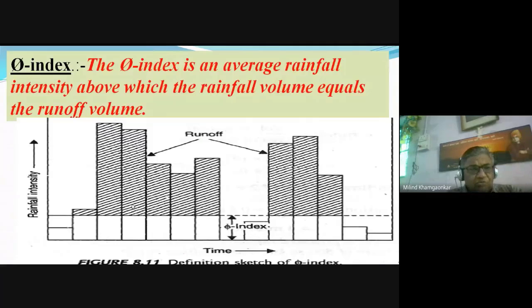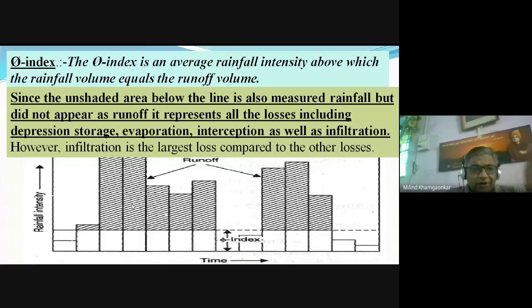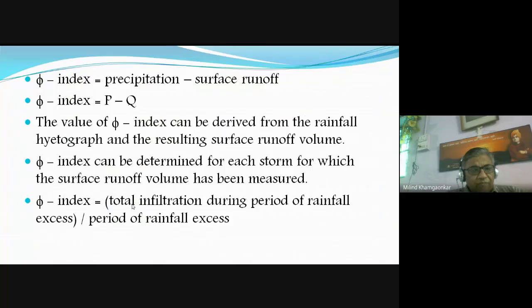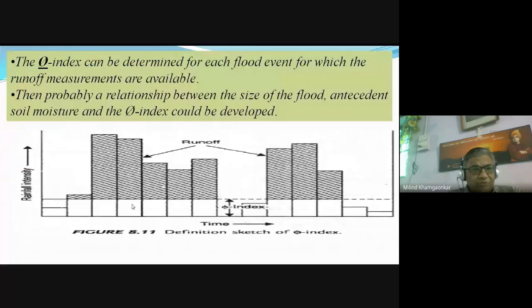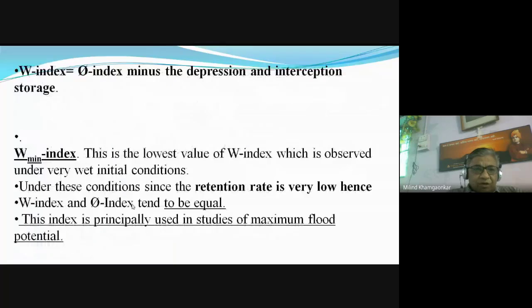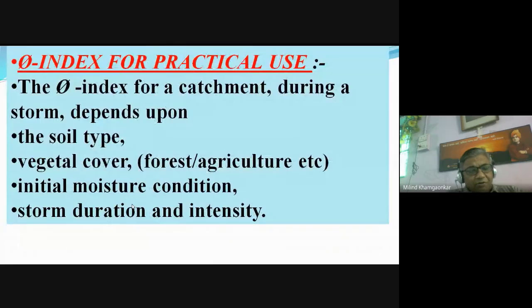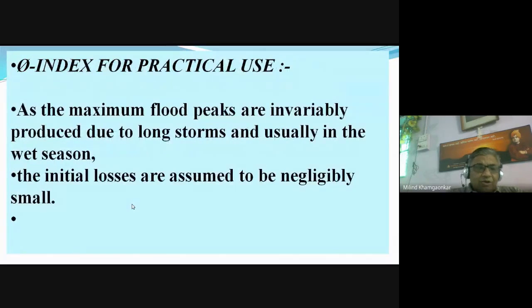So these are the uses of the phi index and the W index, mainly to find out the quantity of the runoff from the hydrograph or from the rainfall data. If we have the rainfall data, that is the maximum quantity of rainfall for a certain duration, then from that rainfall data, after deducting the phi index value or the W index value, we can find the runoff values, which are of prime importance to us for the design of our hydraulic structures.